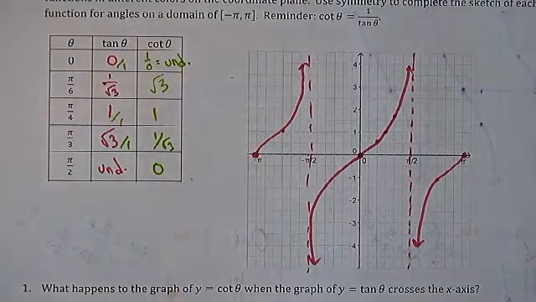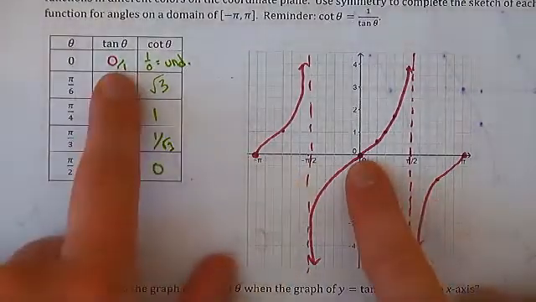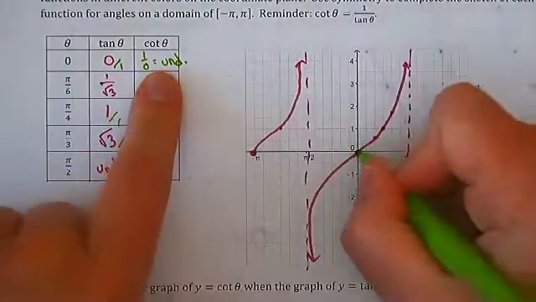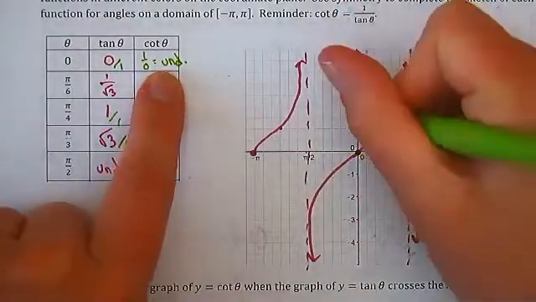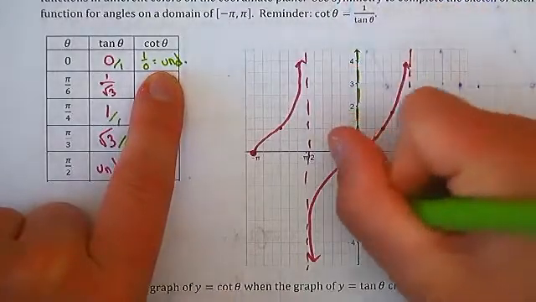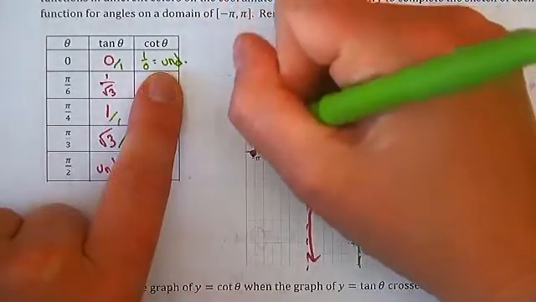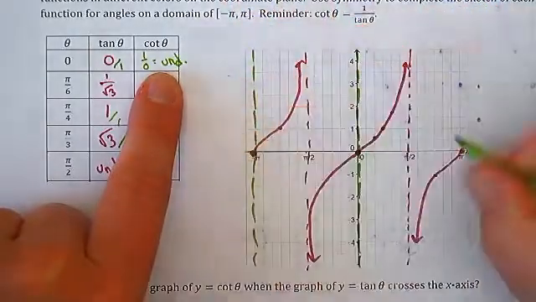So the first thing I want to point out is where tan is 0, cotan is an asymptote, right? So all points on the midline for tan become asymptotes for cotan. And that includes this one too. And this one.